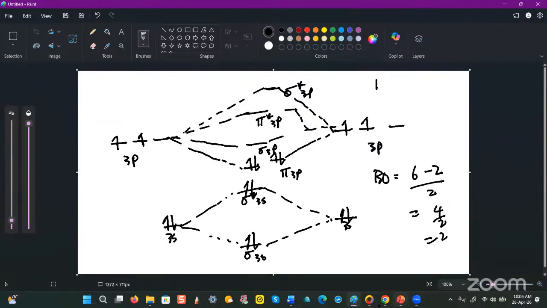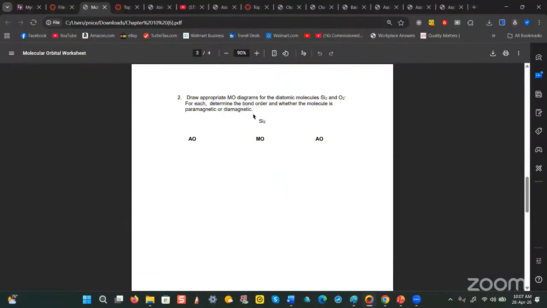Now, let me see if there's anything else I need to answer. Oh, and whether or not the molecule is paramagnetic or diamagnetic. This goes back to something we learned earlier. A molecule is paramagnetic if it has unpaired electrons. We usually refer to atoms, but it's also true for molecules. So if any unpaired electrons exist, that makes the structure paramagnetic.